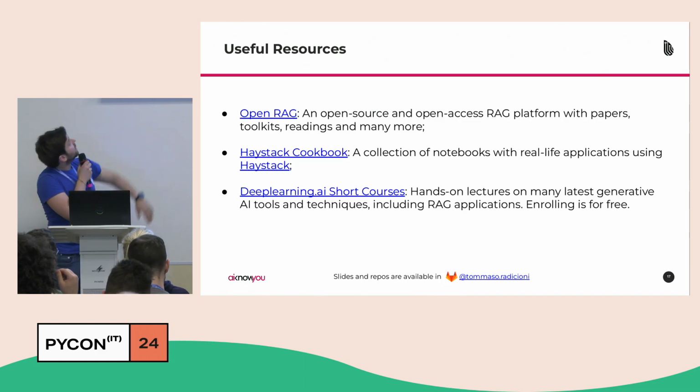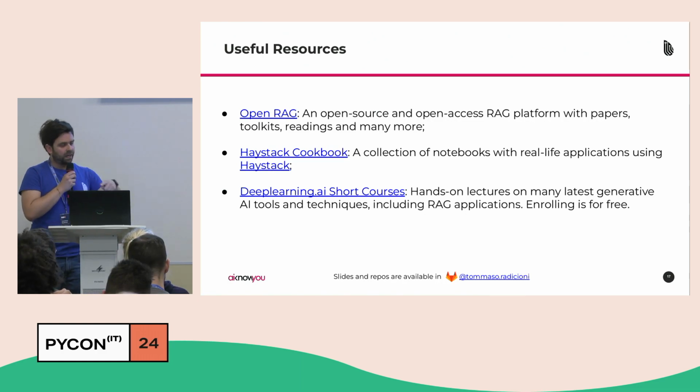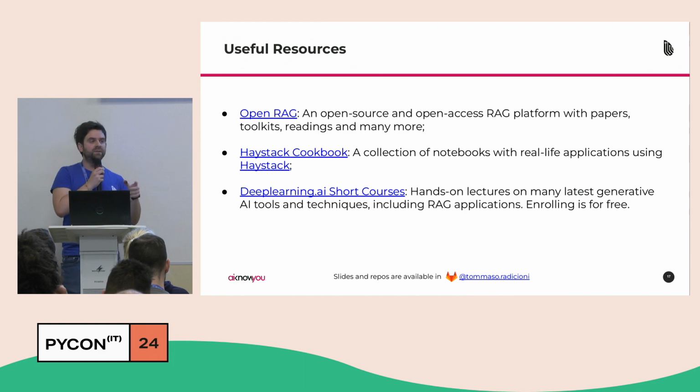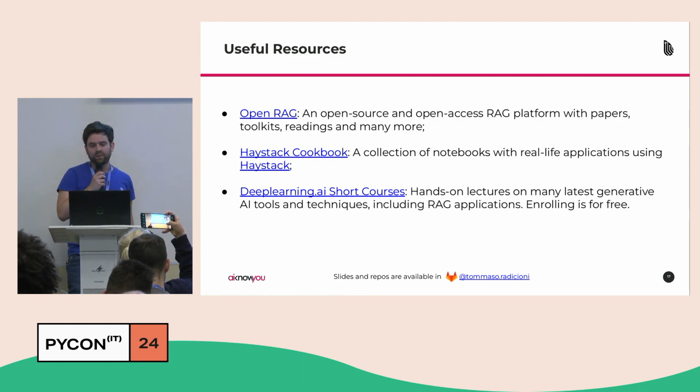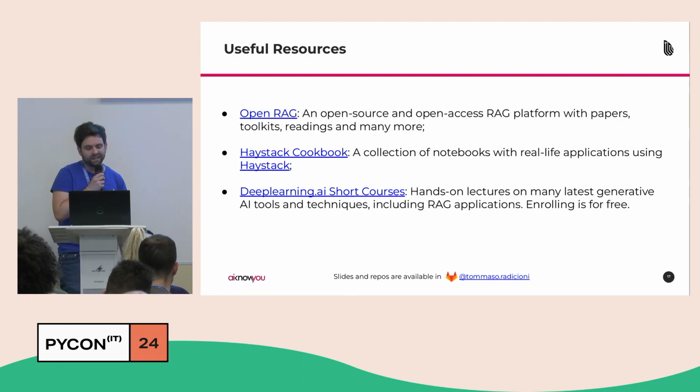Those are useful resources. OpenRAG, if you are interested in this kind of topic, is really great. There are a lot of papers, toolkits, readings, and many more. Haystack Cookbook, if you want to build with Haystack, is a collection of notebooks with real-life applications and experiments done by the Haystack team.